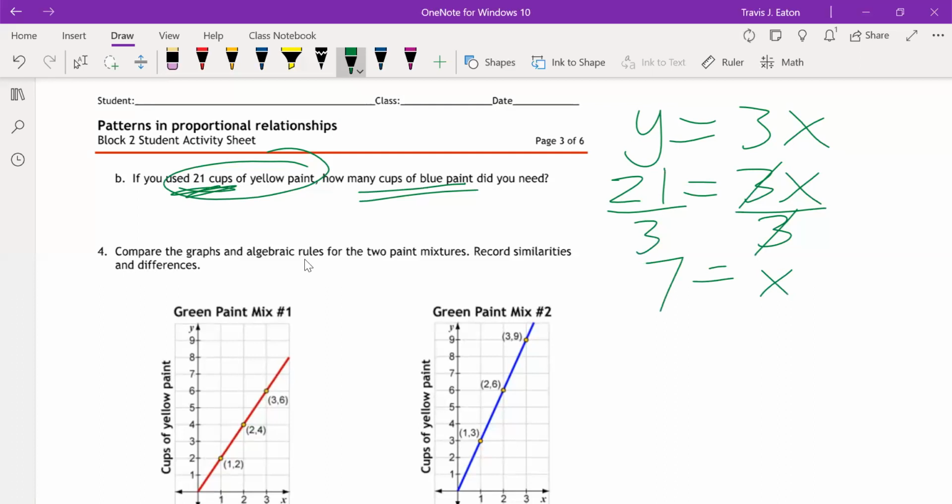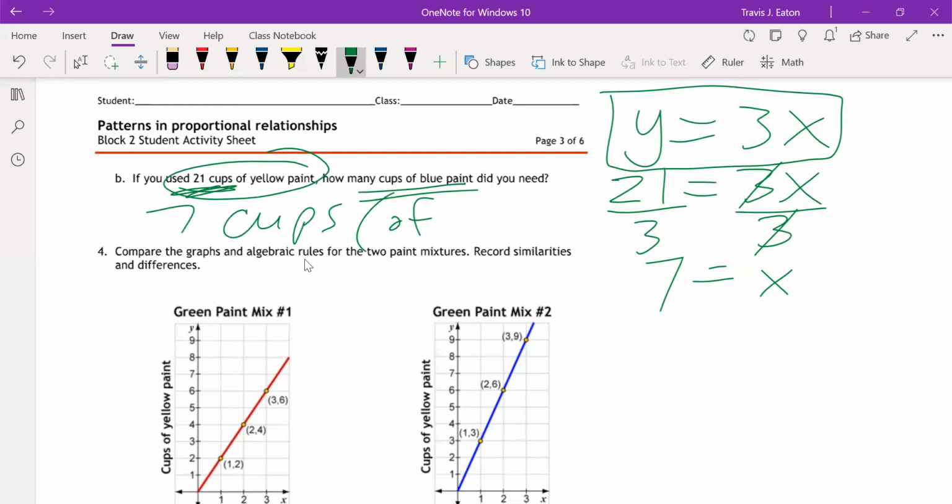So you can see you can use this same algebraic rule, the same proportional equation, to find out how many cups of blue or how many cups of yellow if you know the amount of the other color. It's a beautiful thing. Like I've said before, a thing of beauty is a joy forever, and a really well-written equation can be used for lots and lots of things. So we would need 7 cups of blue.